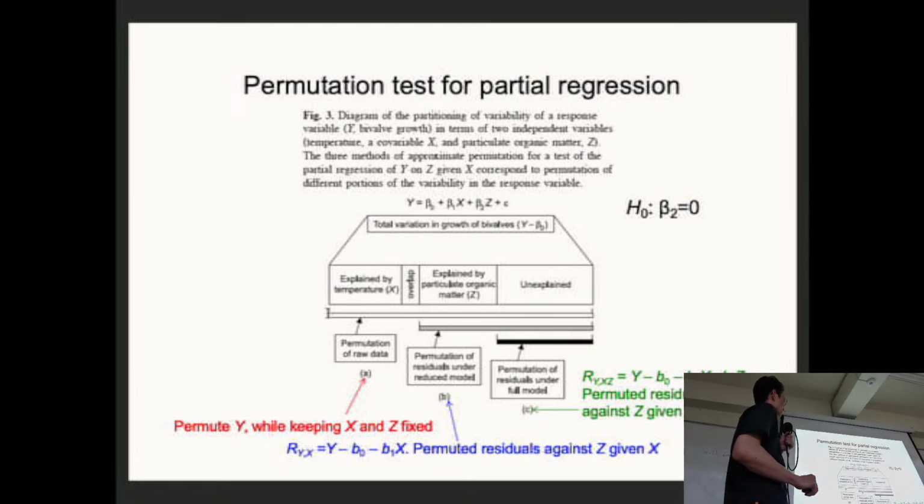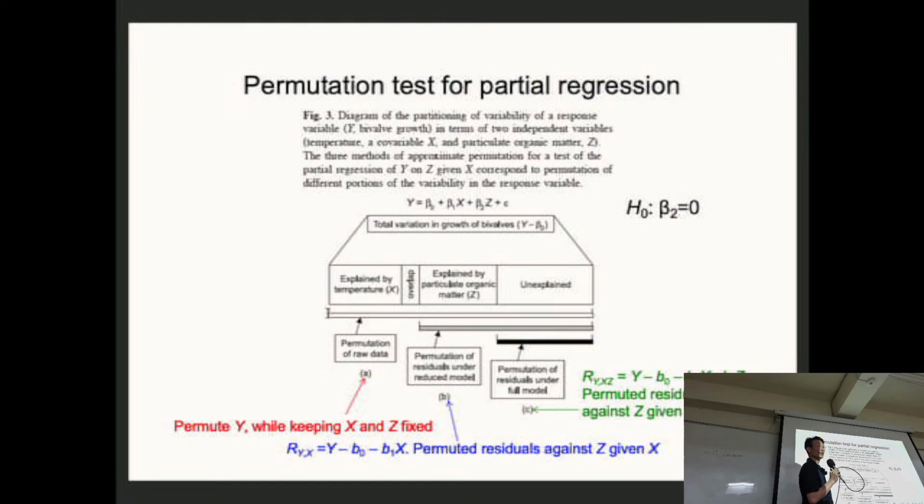And then the second way is to permute residuals under the reduced model. What is the reduced model? You do the regression first, without considering Z. That regression investigates the relationship between Y and X. Then you get B0 and B1 from your data without considering Z, and you get a residual.